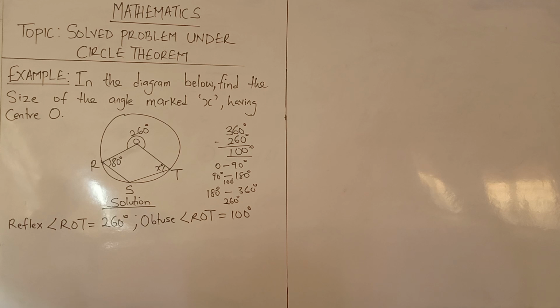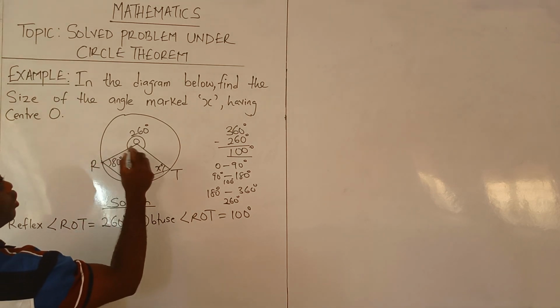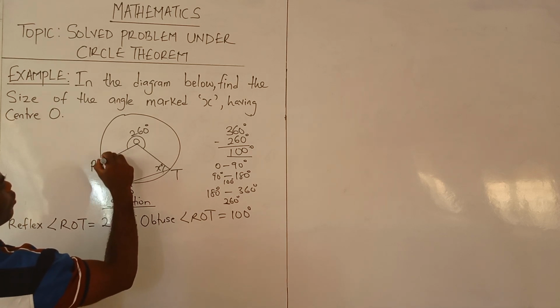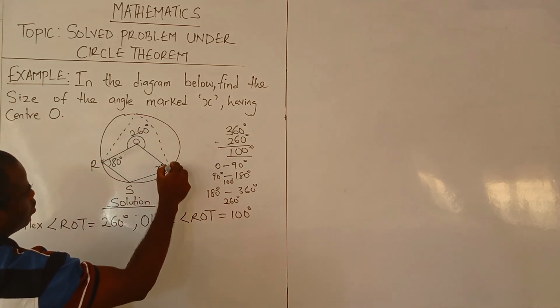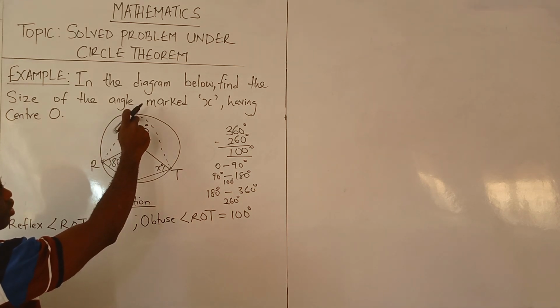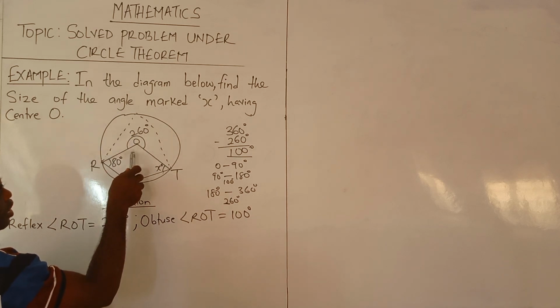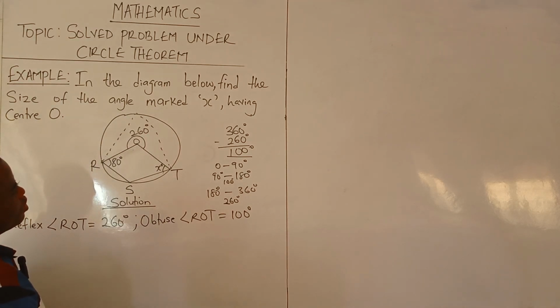Okay, now we're looking for x, and don't forget that the angle at the center equals 2 times the angle at the circumference.